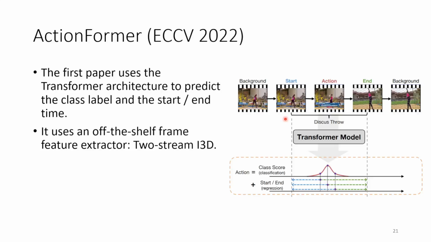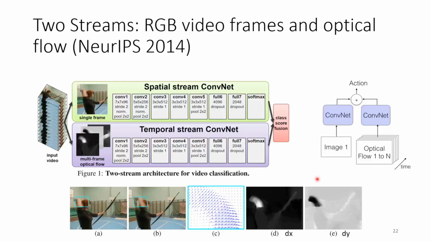But they only apply the encoder part of the transformer. They don't use the decoder part. Then they predict the class distribution and the start and end time, or the start and end frame, of this action.